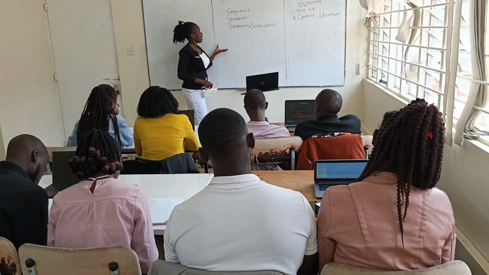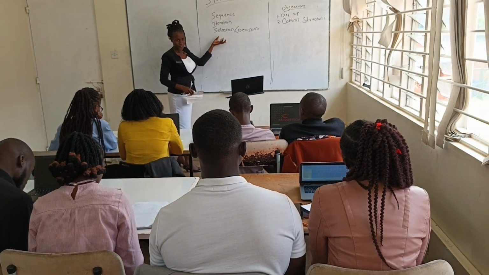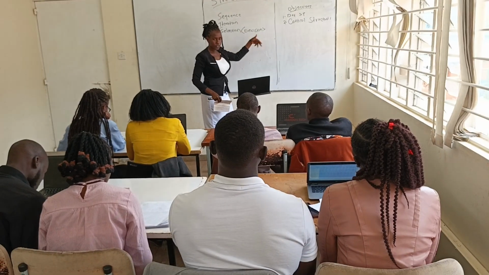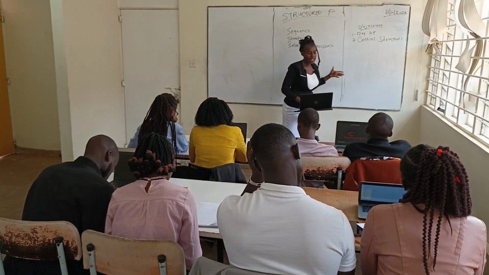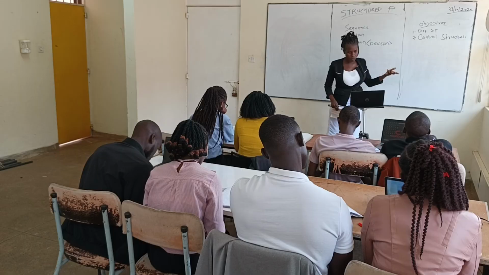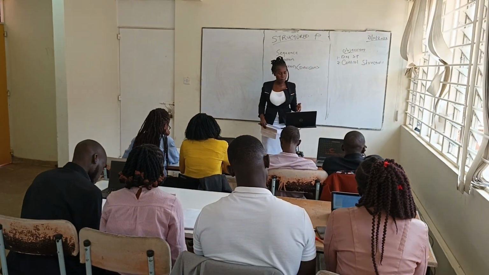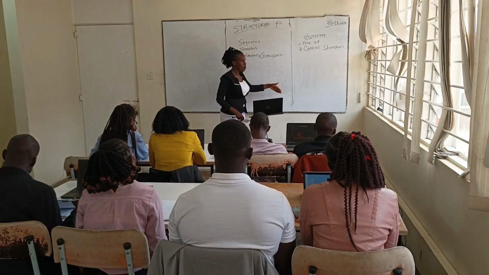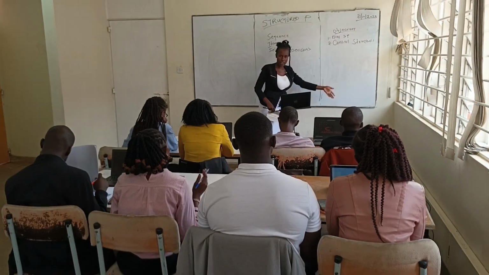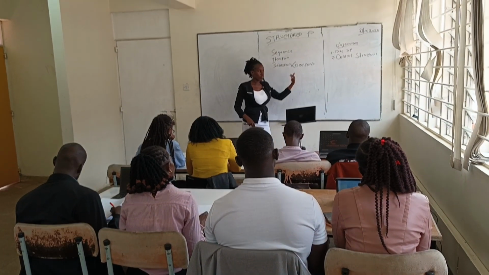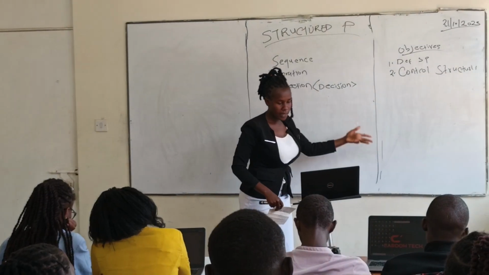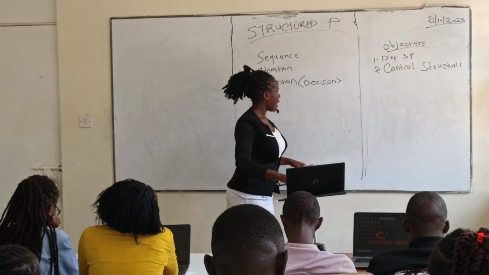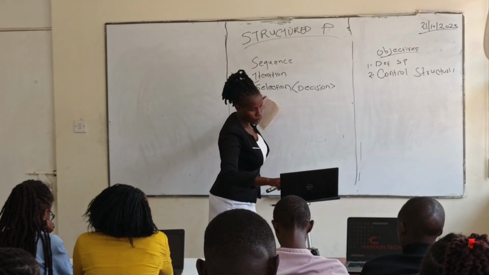Selection allows the program to choose between two or more paths based on a condition. If the condition is true, there is output, or if the condition is false, it terminates. The other one we have is iteration.